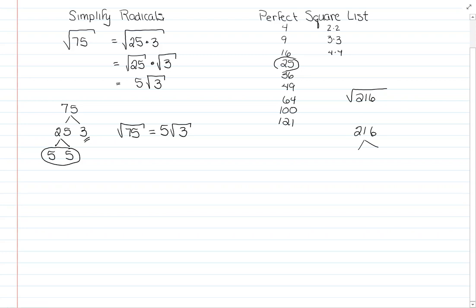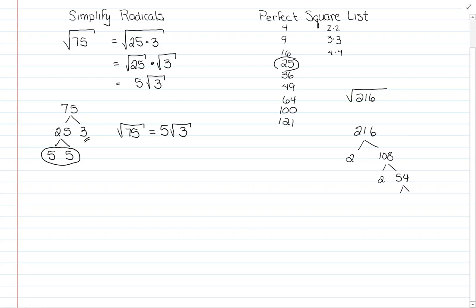I see that it's an even number, so I know that at least 2 will divide into it evenly. So I've got 2 times 108. Then 108 is divisible by 2 as well, because it's an even number. So if I divide by 2 there, 2 and 54.